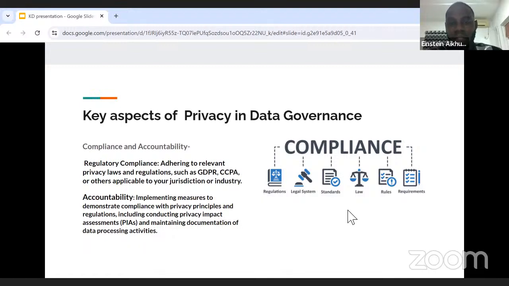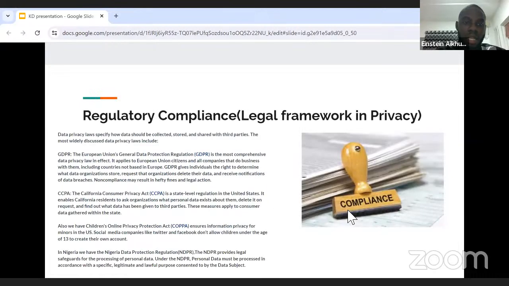GDPR is in Europe, the CCPA is in California in the United States, or others applicable to your jurisdiction or industry. Here in Nigeria, we also have laws that help protect our data governance.